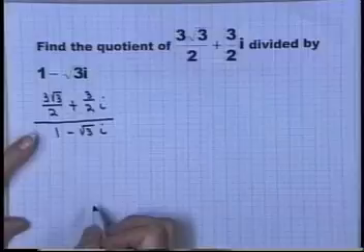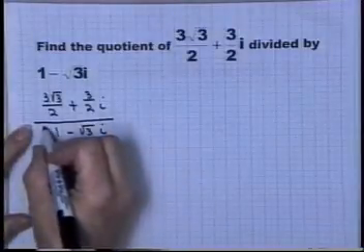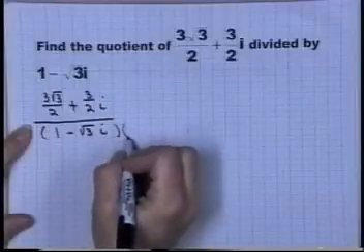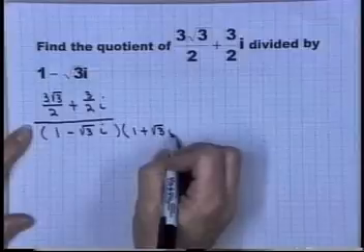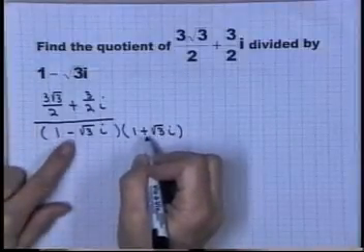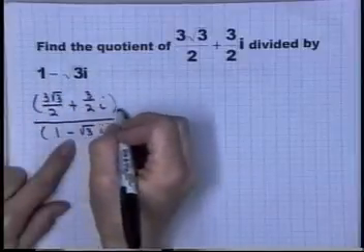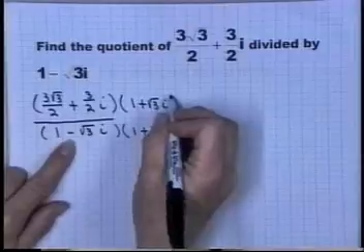Okay? Once we had it in this format, if you recall, what we did is sort of like rationalizing a denominator. We had to multiply by the complex conjugate of the denominator, 1 plus square root of 3 i. Notice they're alike except for this sign. So we had to multiply numerator and denominator by this complex conjugate.